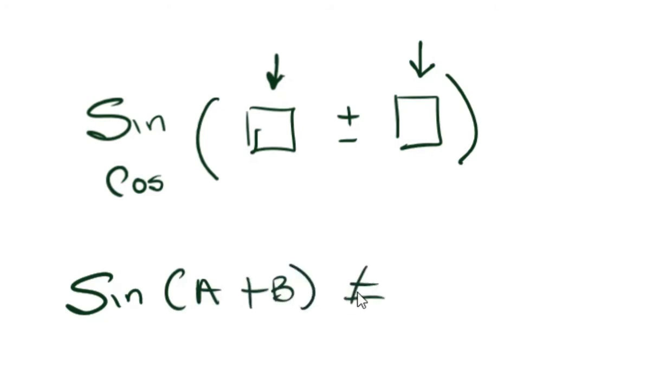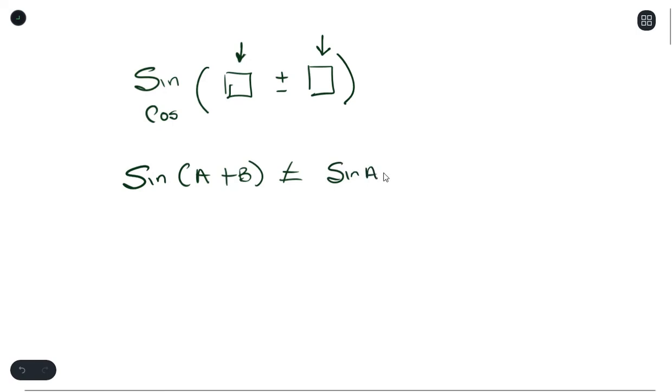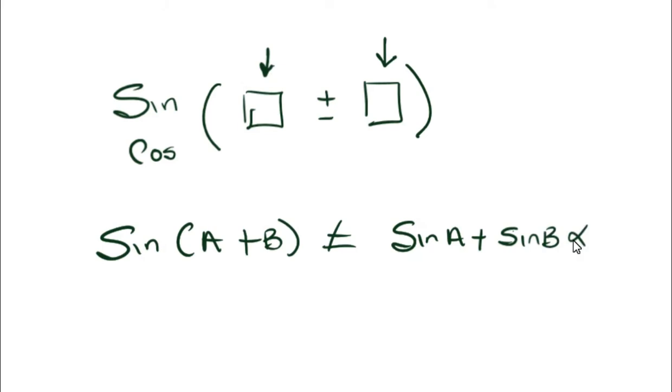One thing you also need to remember about compound identities: if you have sine (A plus B), we do not say it is sine A plus sine B. This will be considered wrong.